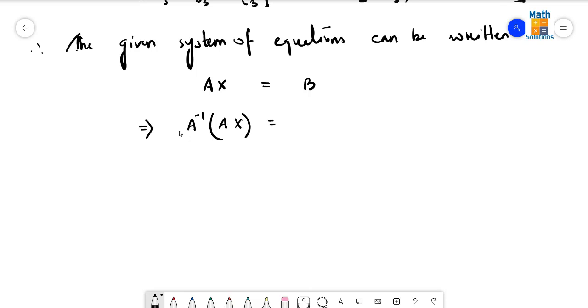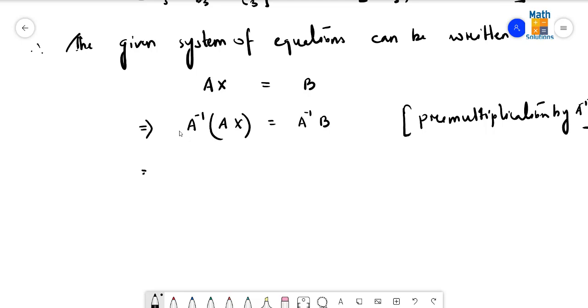In this case this will be pre-multiplication, meaning I am keeping A inverse in front of the terms on both sides.